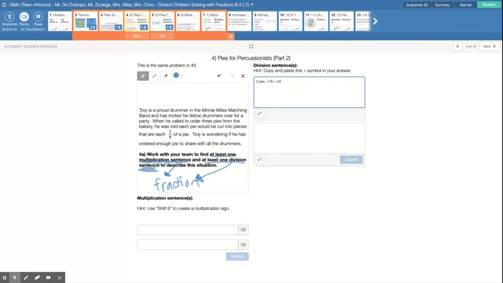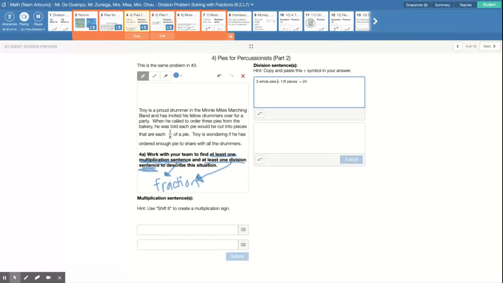If you look back at your picture, we're talking about the 3 whole pies. You don't have to write words, but I'm typing the words only so you can understand it. We're talking about the 3 whole pies. And we're dividing the 3 pies into 1/8 pieces.